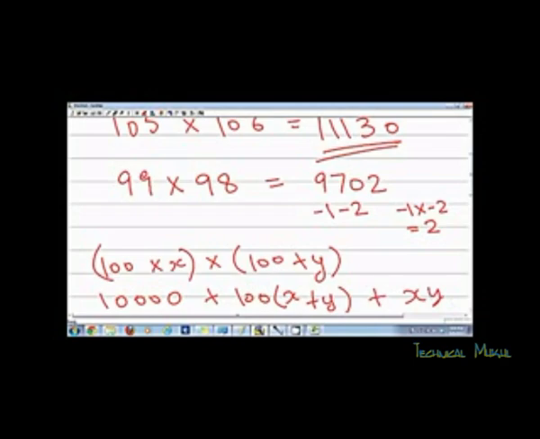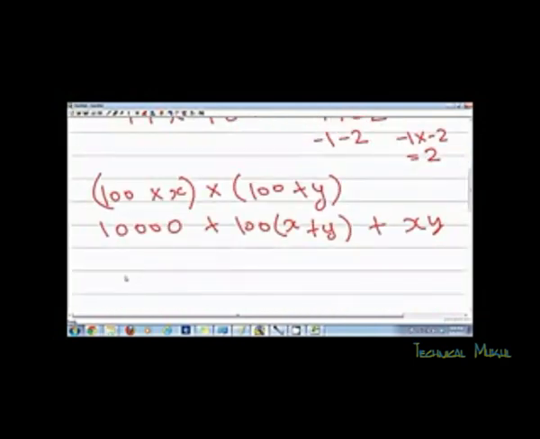If you look closely at this equation, my trick was very similar to it. I was adding two numbers together and then multiplying two numbers together. However, when I add the numbers together, I add them at the hundreds place, and when I multiply them together, I add them at the ones place.